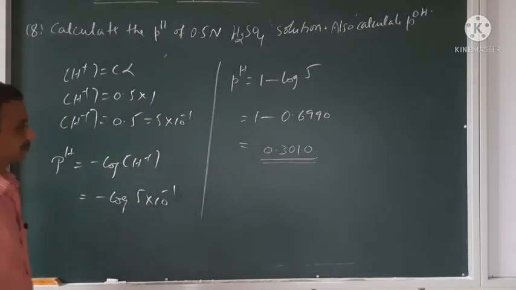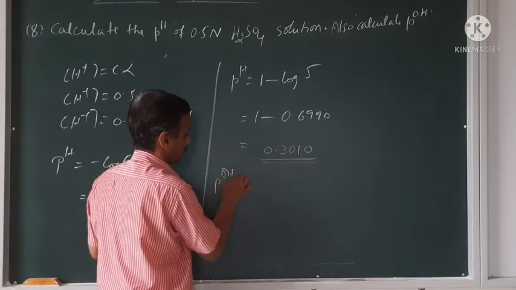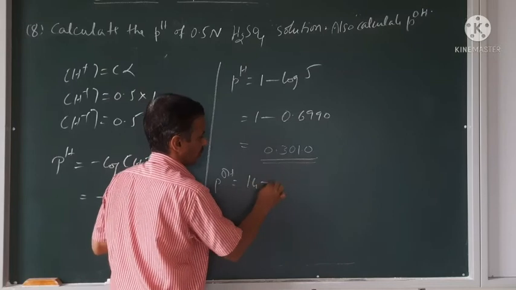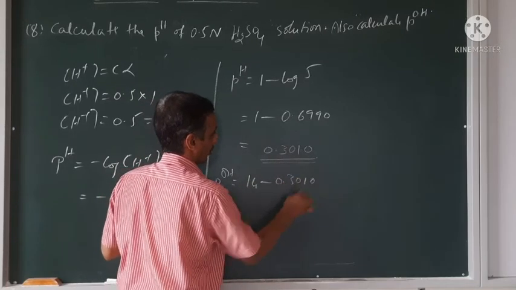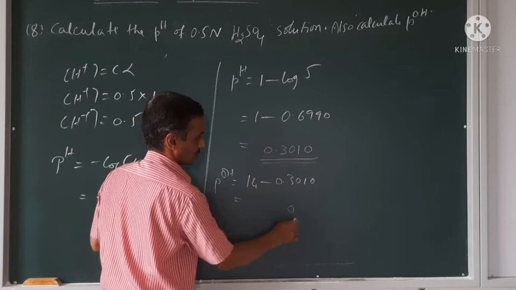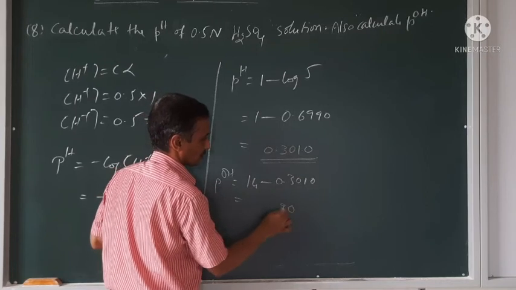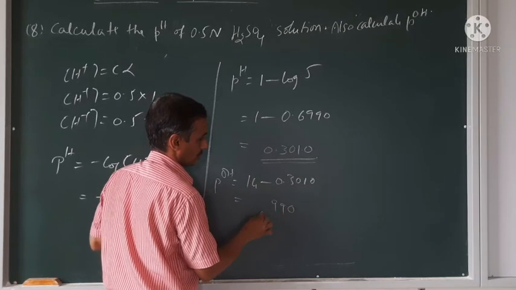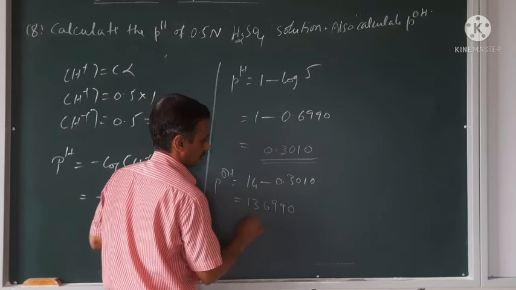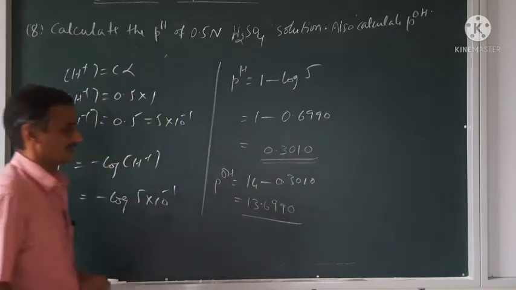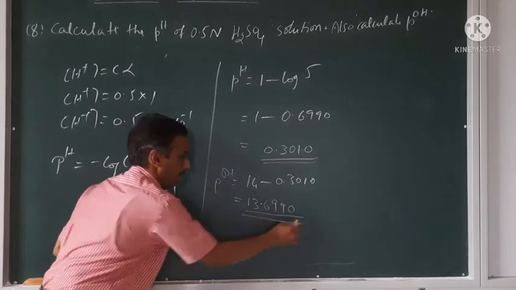That is the pH. pOH is 14 minus 0.3010, which is 13.6990. That is the pOH answer.